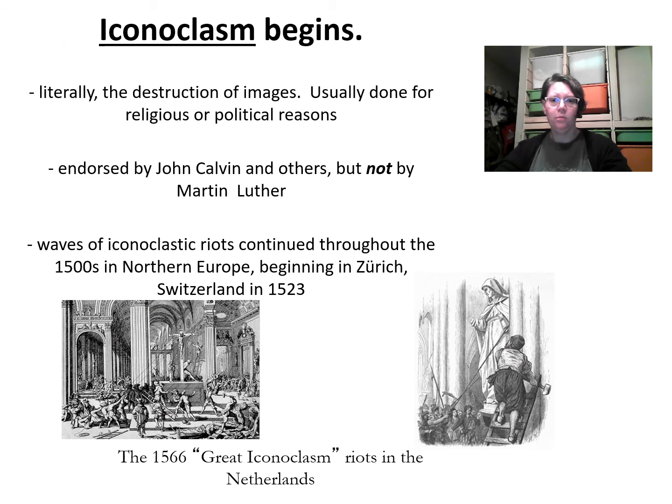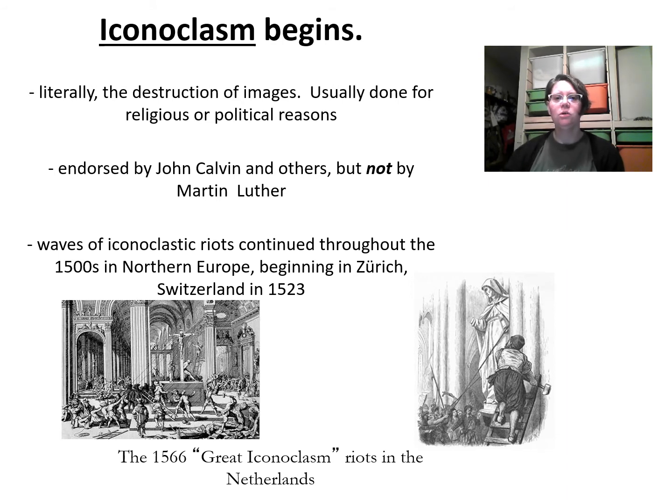One of the things that Martin Luther was upset about was the worship of graven images, meaning he felt like churches were using pictures to worship. And so iconoclasm begins. Iconoclasm literally means the destruction of an image. It's usually done for political or religious reasons.